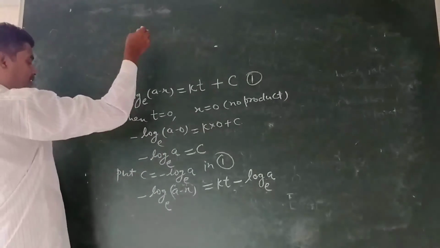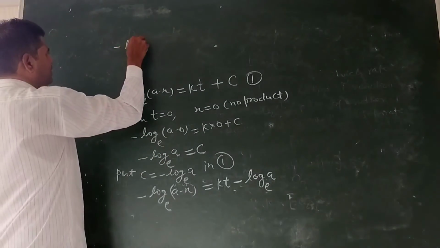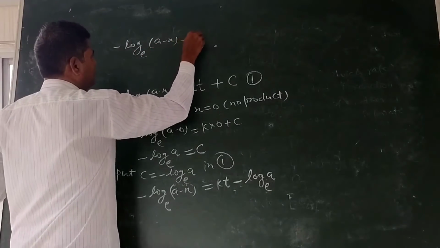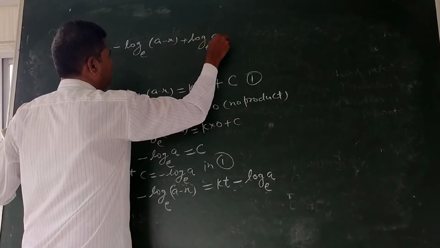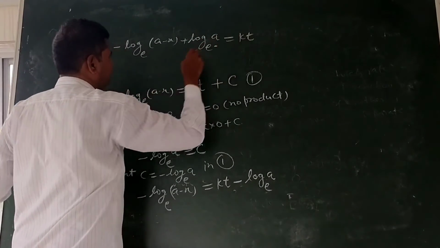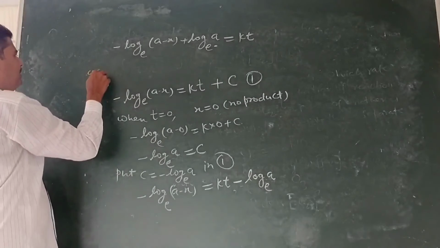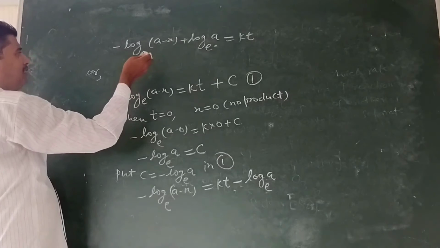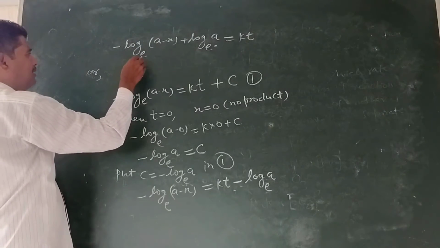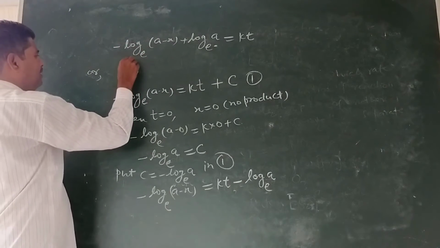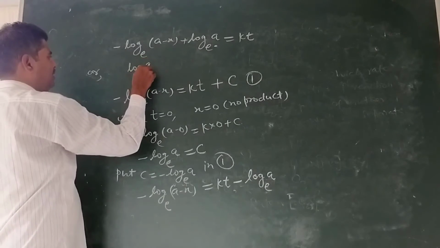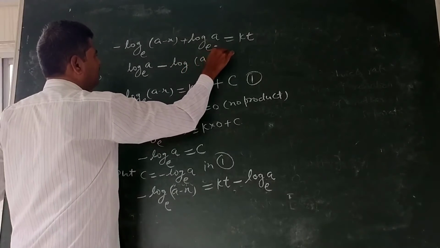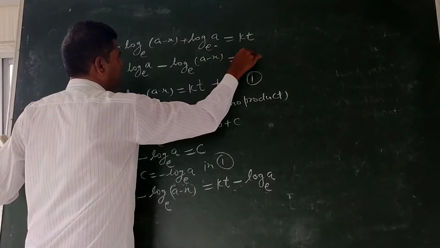We get minus log A minus x on the base e plus log A on the base e is equal to kt. This may also be written as log A on the base e minus log A minus x on the base e is equal to kt.